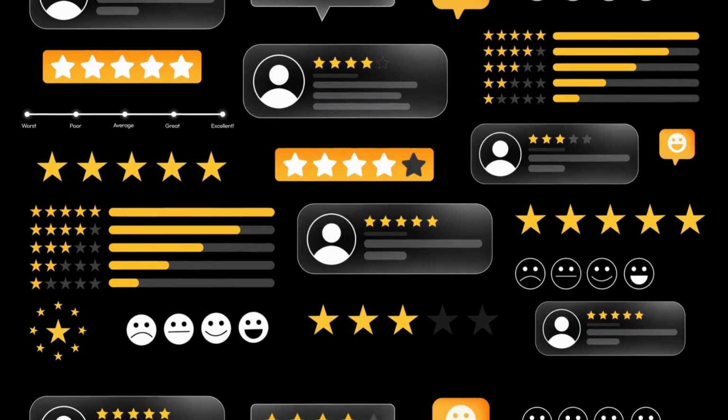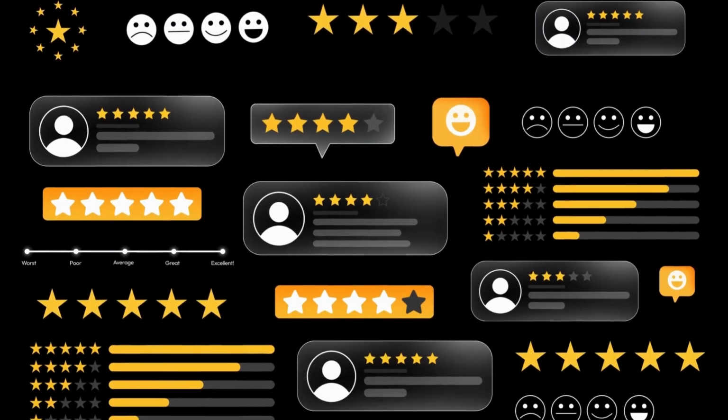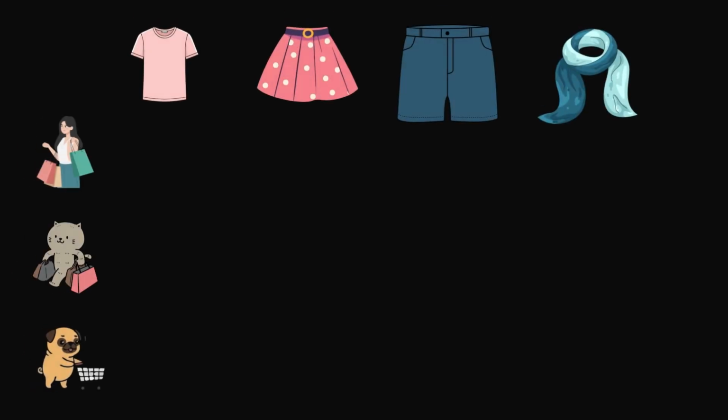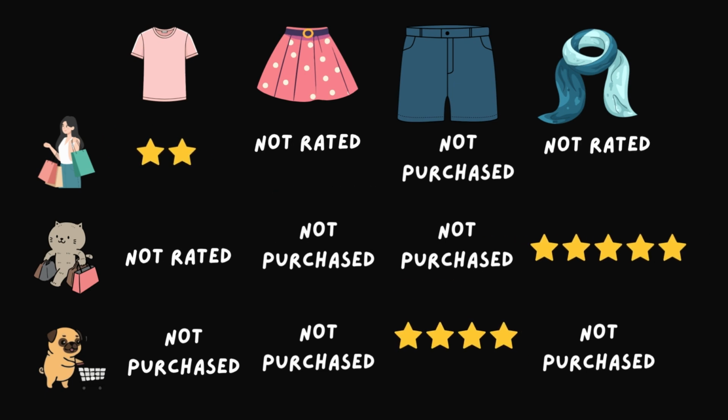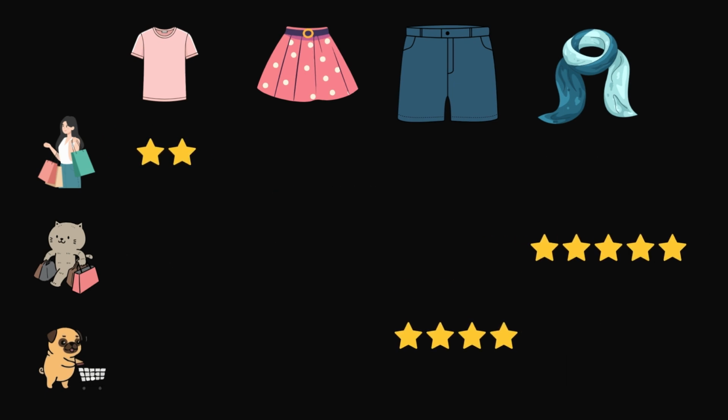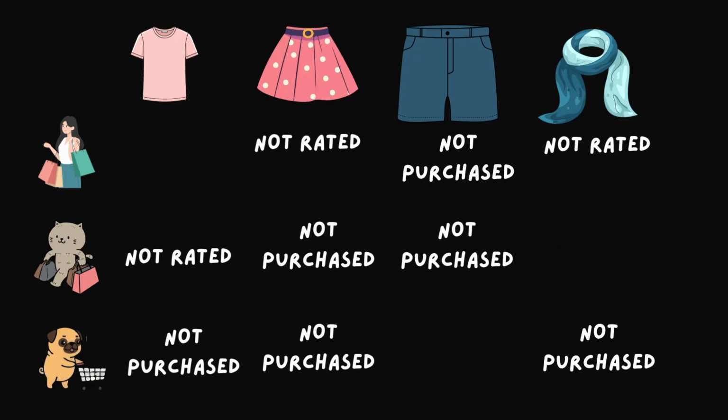That feedback, often in the form of ratings or reviews, serves as our labels. However, most products on a platform haven't been purchased by every user, and even when they have, many go unrated. That means we're working with a mix, a small set of labeled data, products with ratings, and a much larger pool of unlabeled data, products with no feedback.